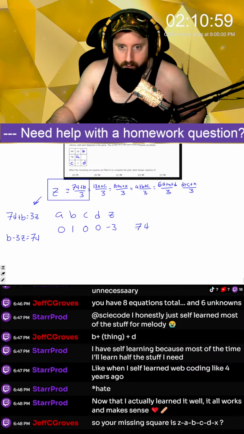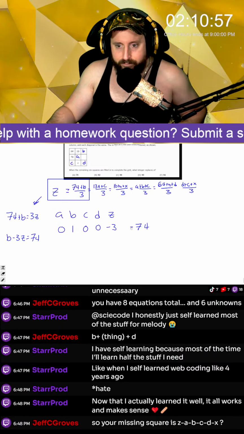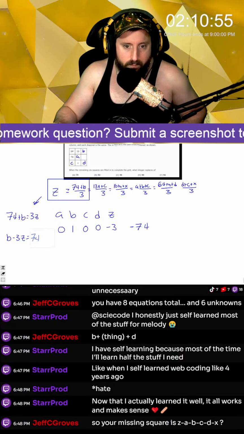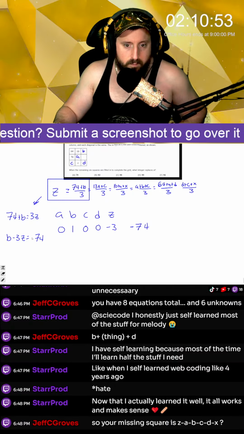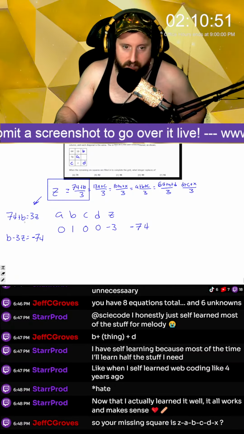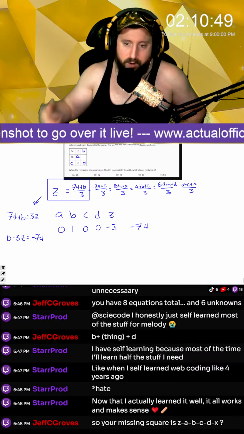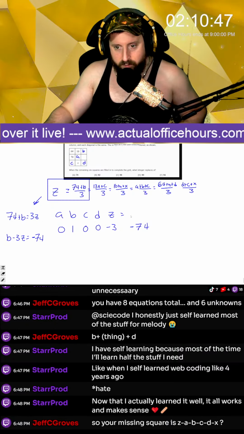Or it's negative 74, sorry. I guess I should have just said negative B plus 3Z equals 24. Okay, there you go. And then this is equals to blank.